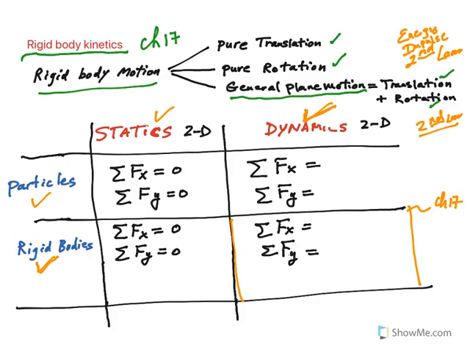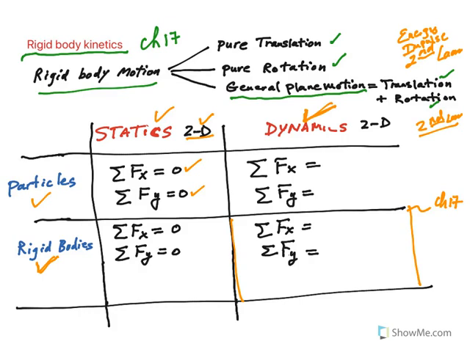Okay, so you guys remember in statics, for a two-dimensional case, of course, let's just limit our discussion to two dimensions. Sum of the forces in x equals 0, sum of the forces in y equals 0. Obviously, you want to make sure that the body is not translating in the x direction or y direction, or for that matter in any direction.